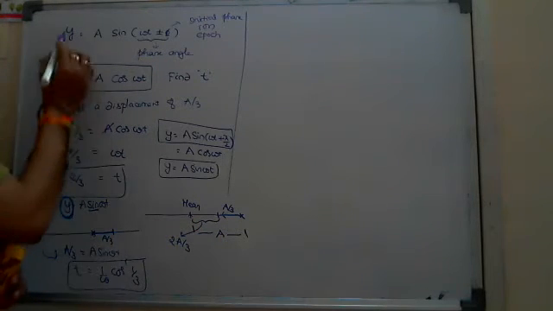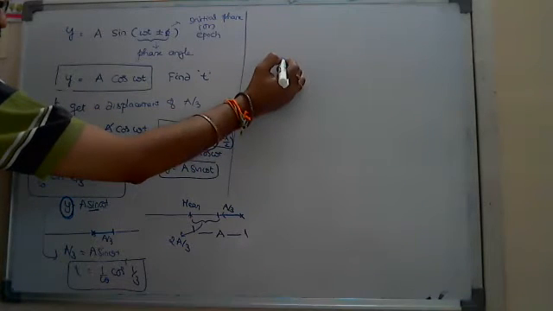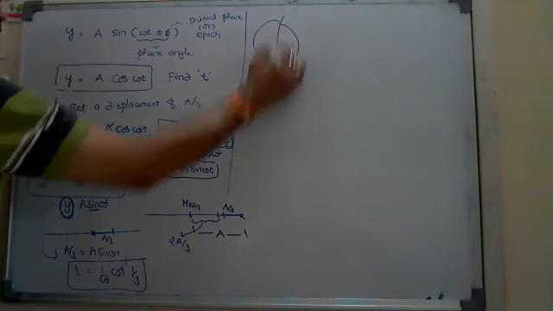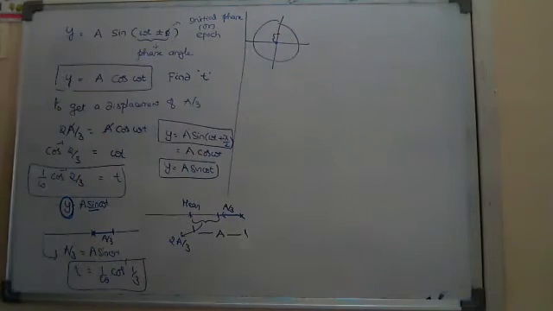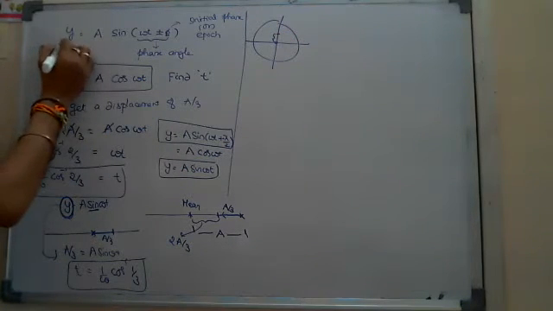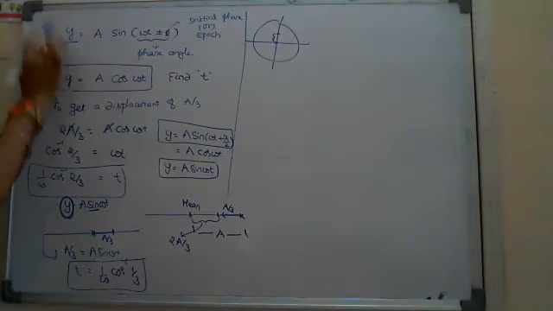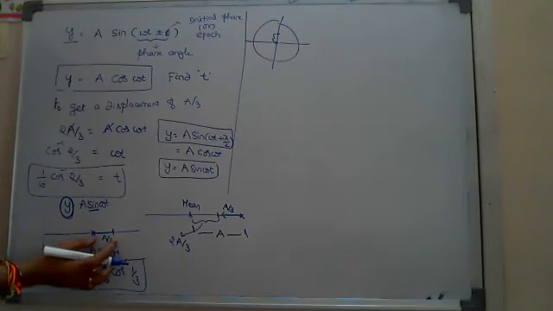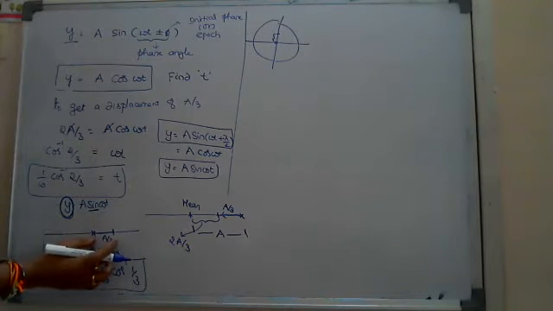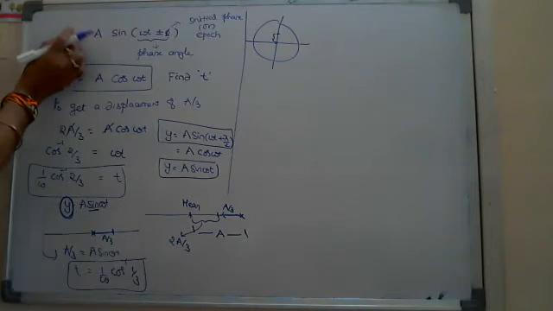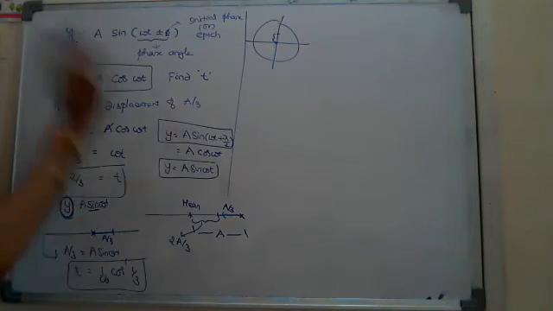Because while writing this equation in the phase reference circle, we take the displacement of the particle from the mean position. So in the derivation, y is the displacement from the mean position. That is equal to the displacement of the particle, with no trouble at all, when it starts from the mean position. And it is not equal to the displacement of the particle when it starts from the extreme position.